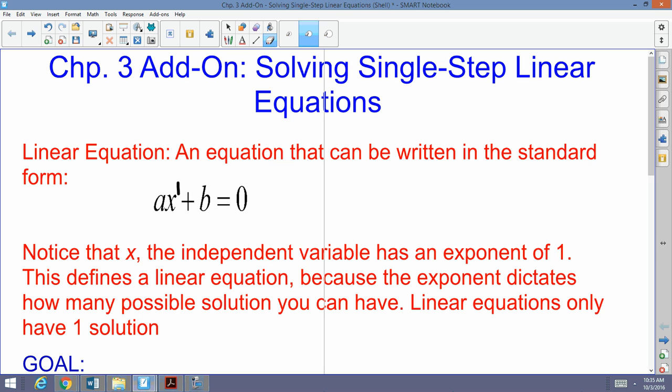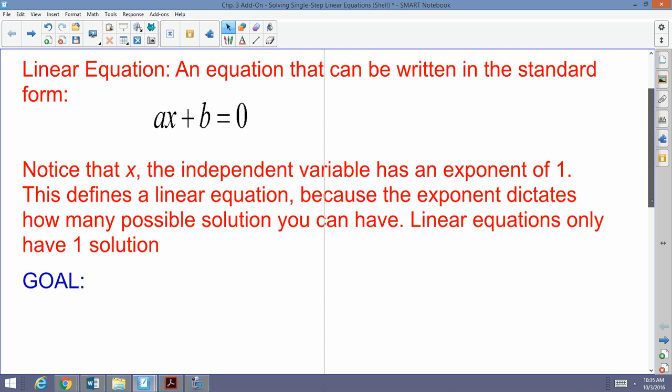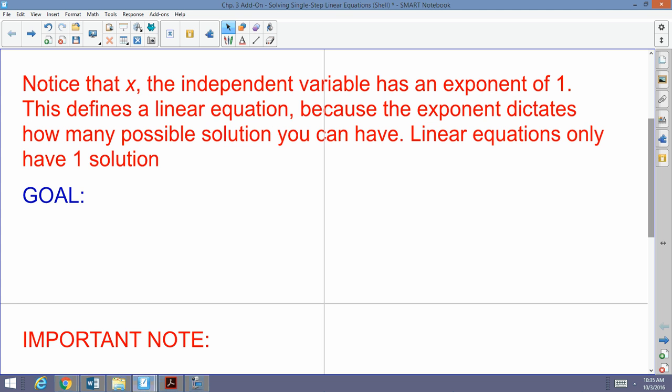So the exponent tells you the degree of the equation and tells you how many real solutions you can possibly have. Does that make sense to everybody? So when the independent variable has an exponent of 1 and it's in an equation, that is a linear equation. Okay, so now let's talk about the goal.